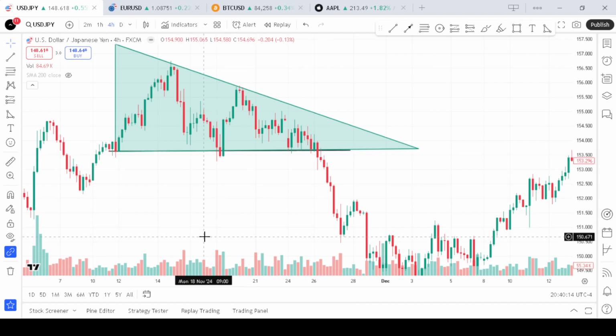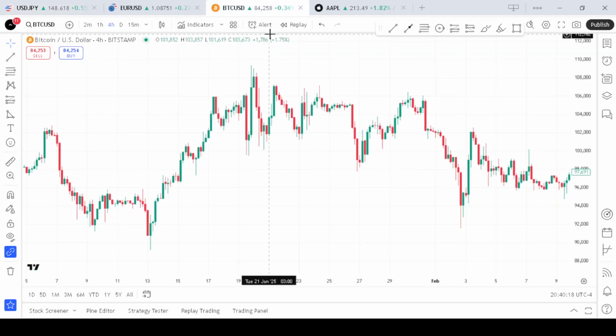Now let's talk about the symmetric triangle. The symmetric triangle is basically formed when, unlike the other two patterns, neither the buyers nor the sellers are dominant, meaning both trend lines converge as price forms lower highs and higher lows.